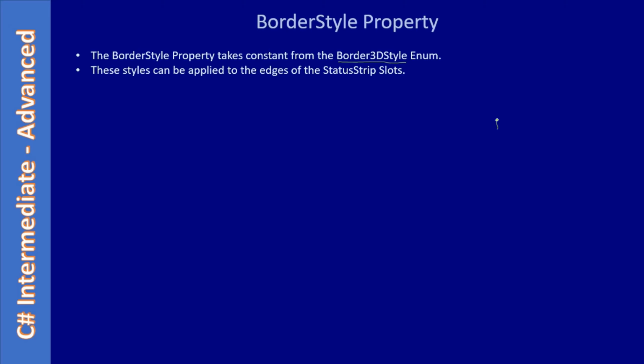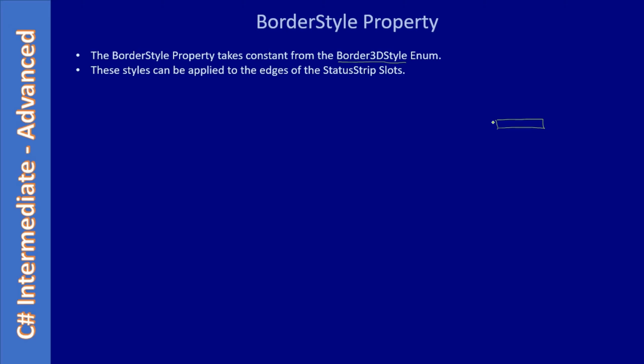Suppose, for example, this is our status slot, and we have taken only one slot. You can apply this border style to any of the four edges. So you can see there are four edges here: top, bottom, left, right. So you can apply the border style to any of these four edges.